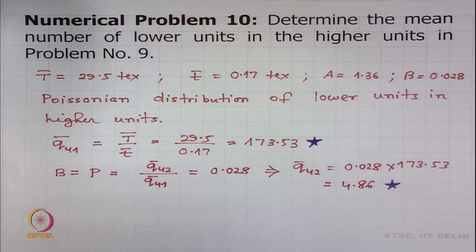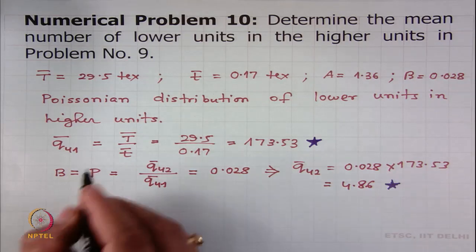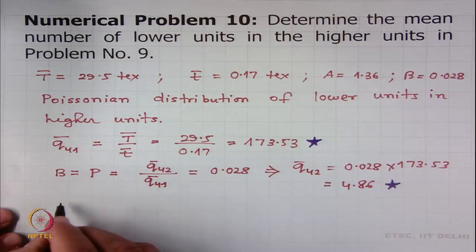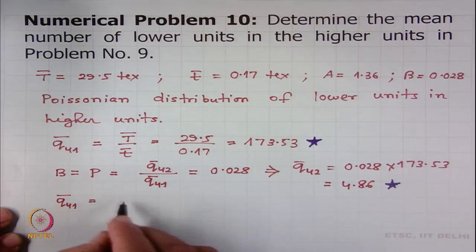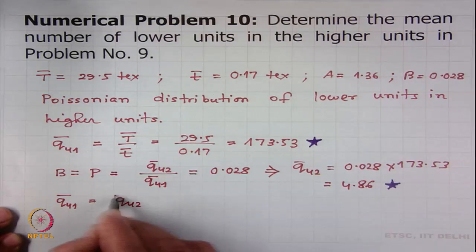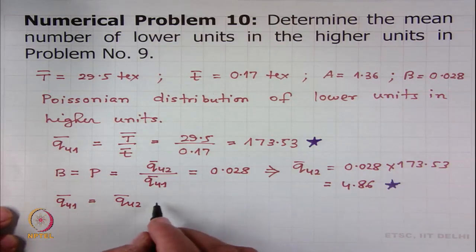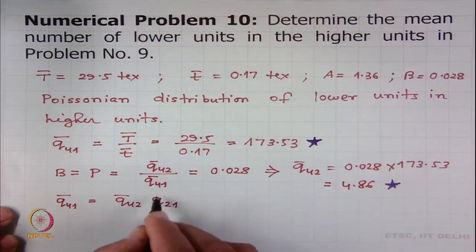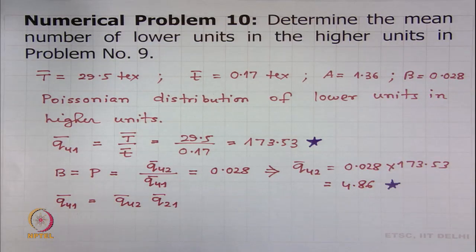Right. Then we will find out the third one by using this formula. Into Q21, right.